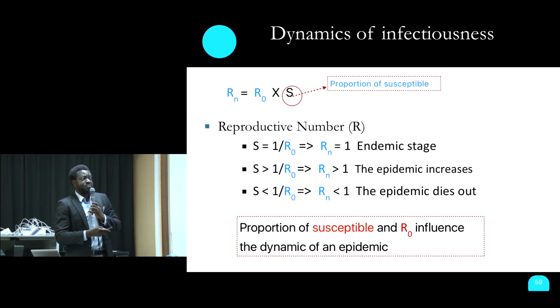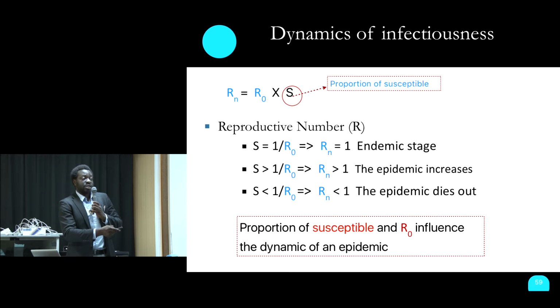So again, we are in this formula here. Our effective reproduction number equals R0 multiplied by the proportion of susceptible. And this is a very important element to keep in mind: the proportion of susceptible and R0 influence the dynamic of an epidemic.